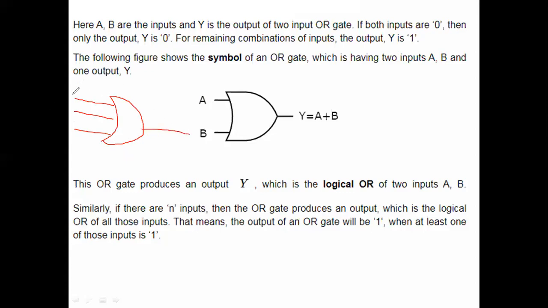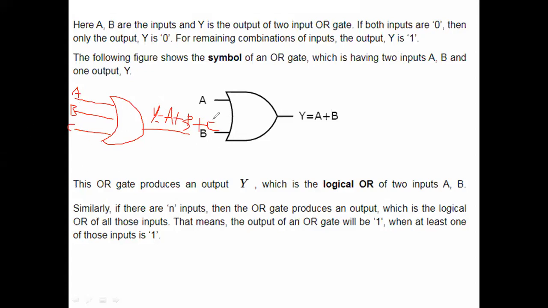This is A, B, C. The output Y is equal to A plus B plus C. So like this, n inputs can be there.